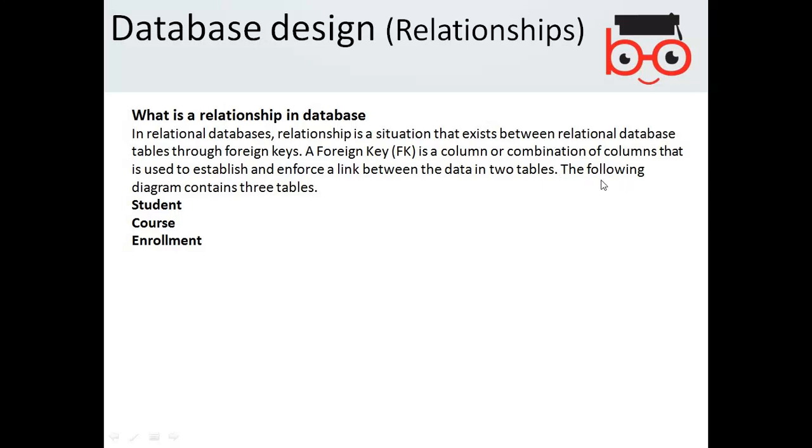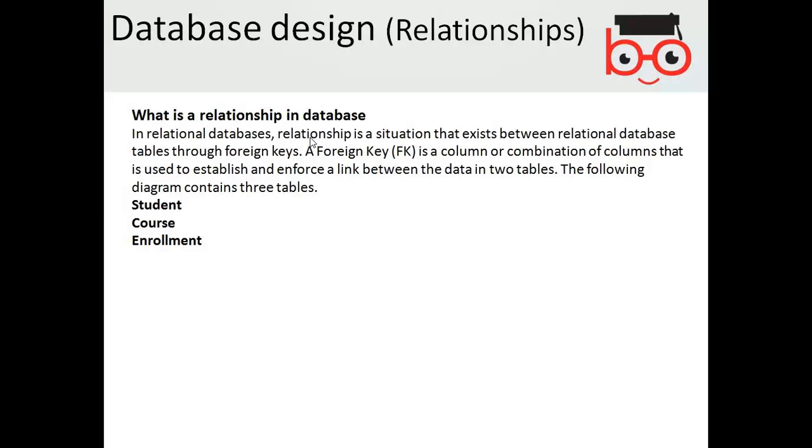For example, the relationship could include the student, course, and enrollment. Now, the relational database itself is basically creating a relationship between two tables using a key. The terms foreign key and primary key really create a linkage between two tables.